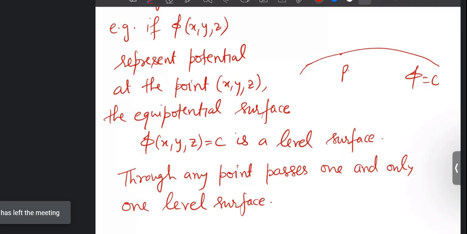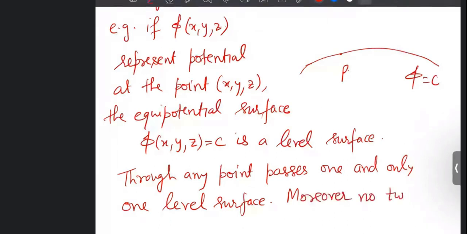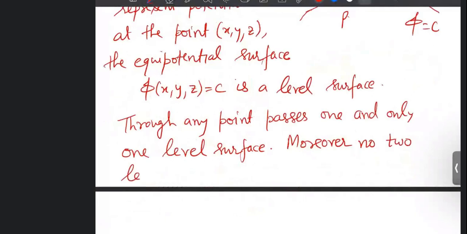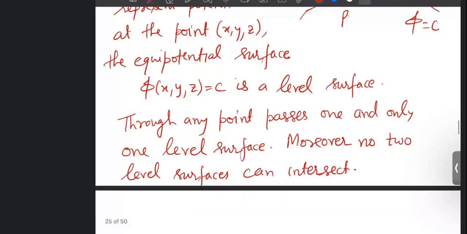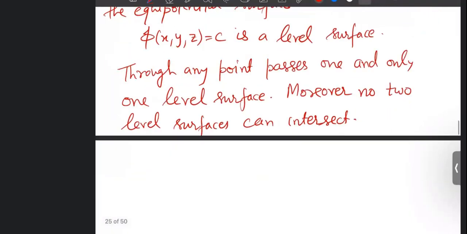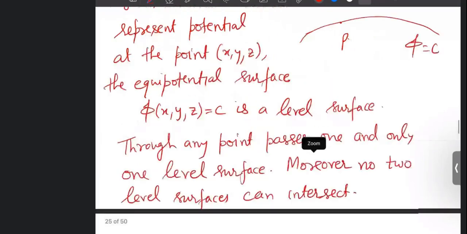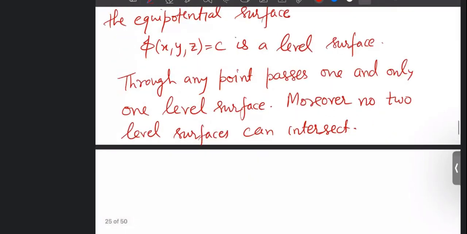Moreover, no two level surfaces can intersect. We consider it like this. Now we consider the level surface, as mentioned above.